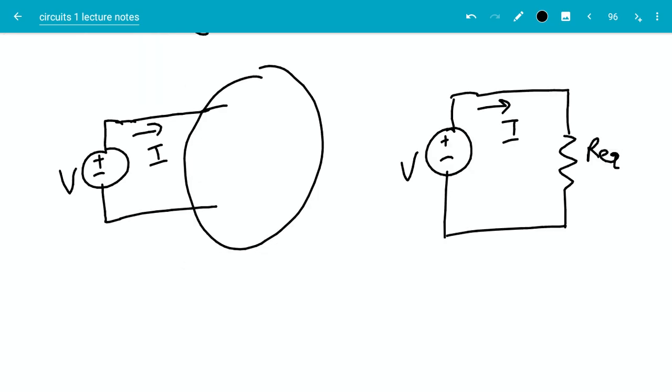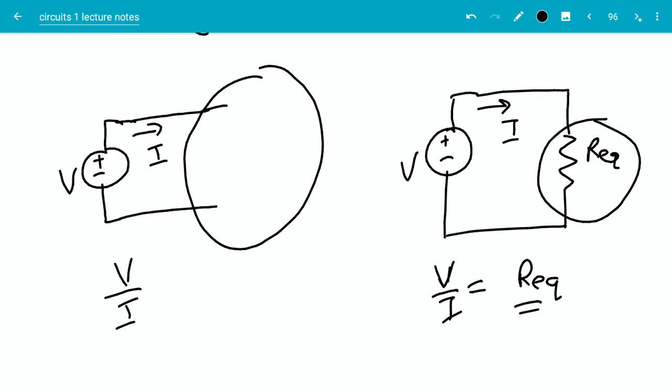Then we said, if you look at the circuit on the right, V over I here will also be constant and it will always be equal to Req. So if we set Req to be equal to V over I on the left hand side, then the circuit inside the circle will behave exactly like this resistor Req here.